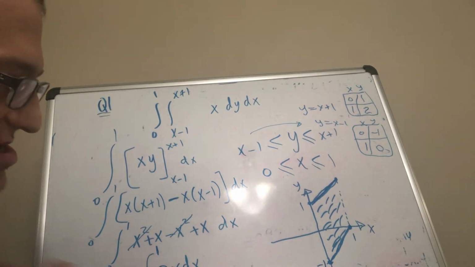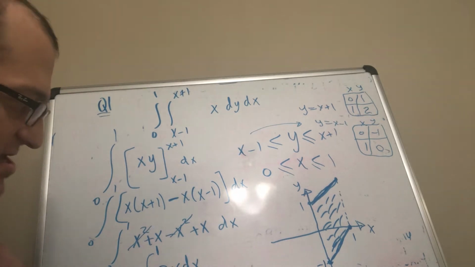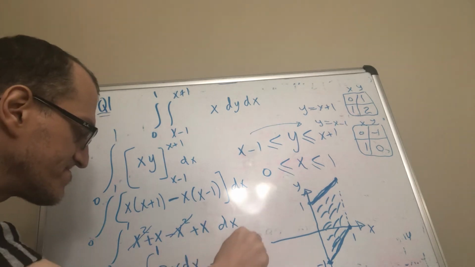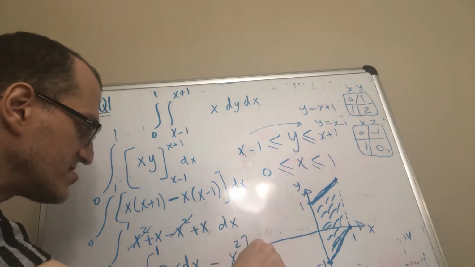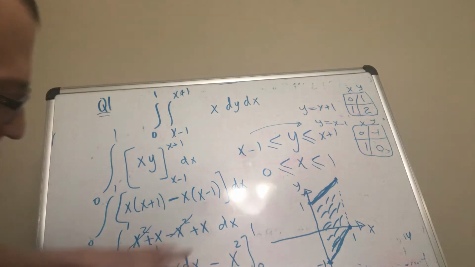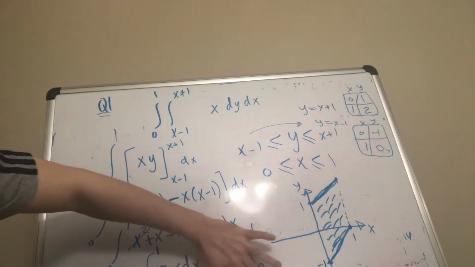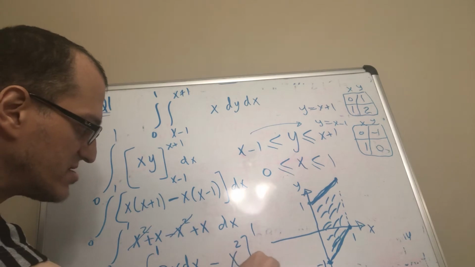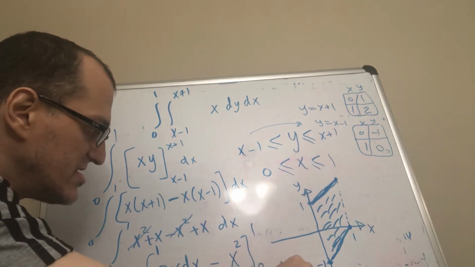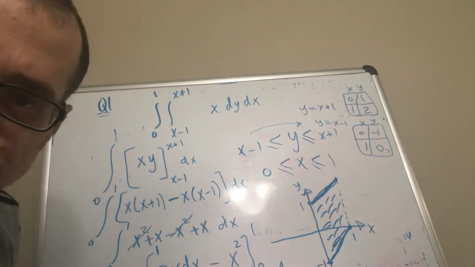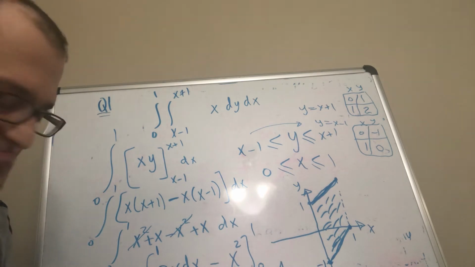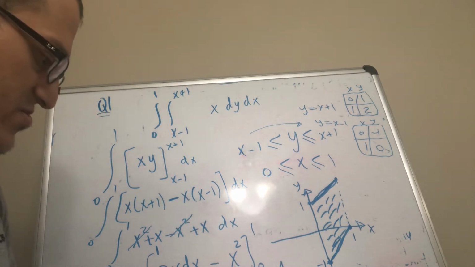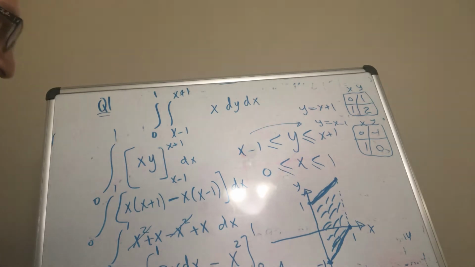The integral of 2x is x squared, from 0 to 1. You plug in 1, so you have 1 squared minus 0 squared. The answer is 1. Good? So that was the first question in your worksheet.